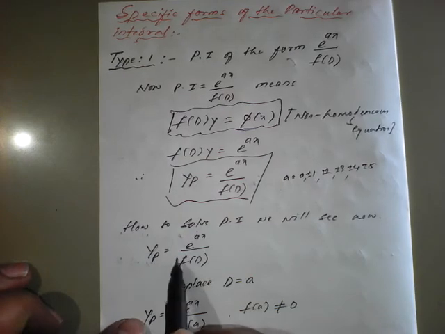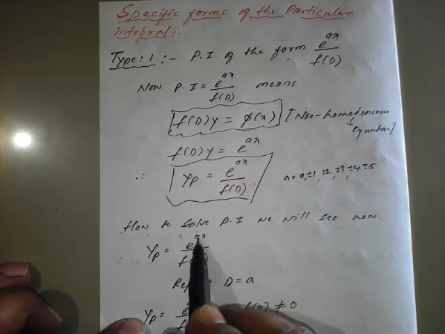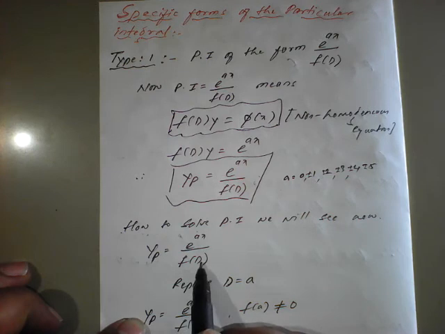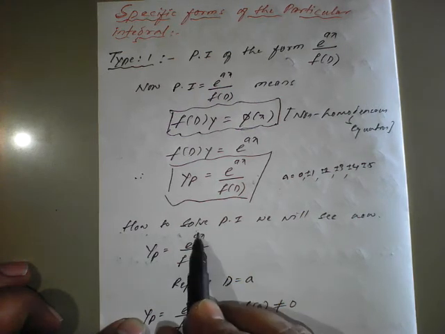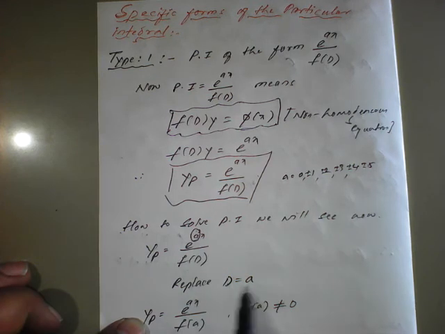So yp is equal to e raised to ax upon f of D. Whatever expression you get in the denominator, in general I have written f of D, it is a function of D, and that D will be replaced by the coefficient of x. That's why I replace D equal to a.